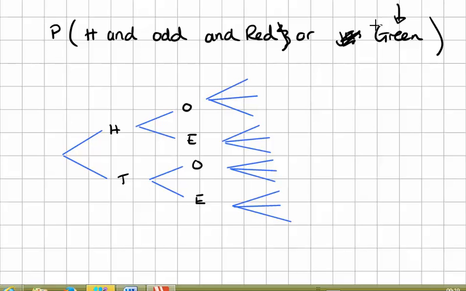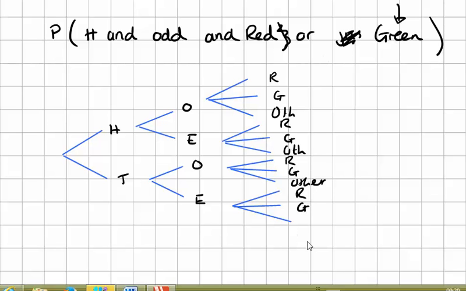Can you just do 1/16 and then plus? Well, no, because the green, you'll see why in a minute. Red and green each are equal to a quarter. Other is equal to 2 quarters, which is a half. So it says head and odd and red, or whatever else with a green at the end.